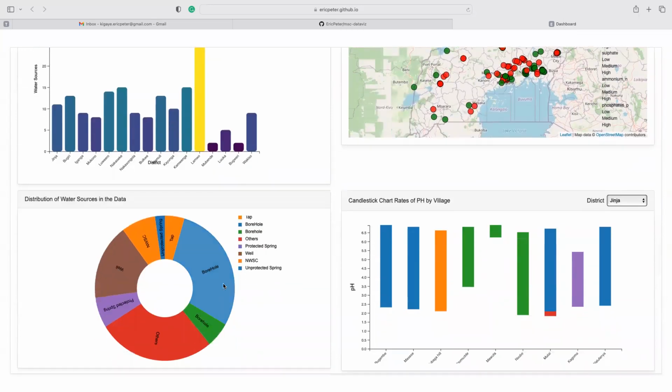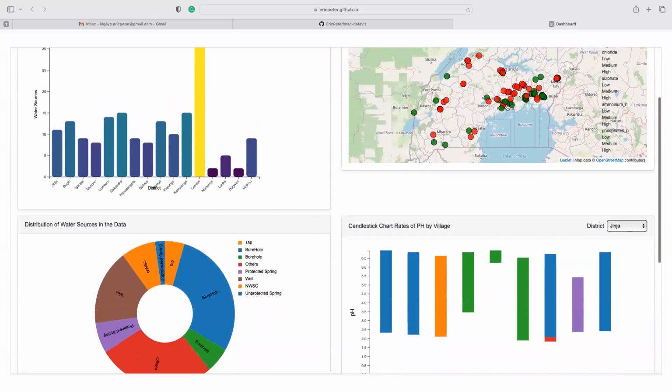Now, to move forward, we try to pre-process the data and get an informed sense of the water sources. So we plot that using a donut pie chart that helps us to understand that one of the highly available water sources is the boreholes in the regions plotted on the map.